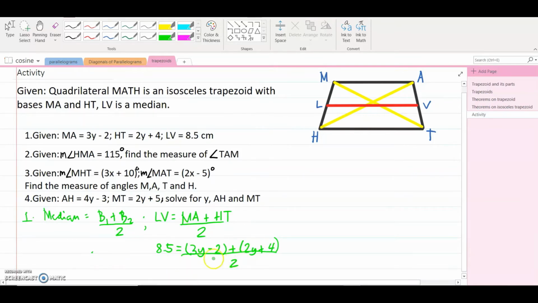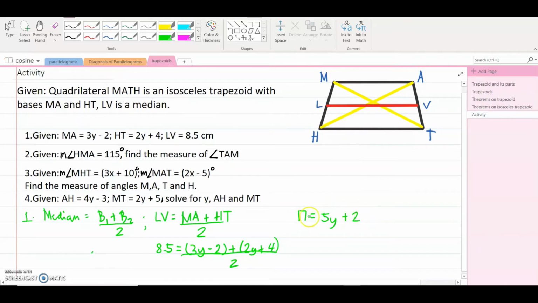So here, since we have the unknown variable y, what we're going to do is to cross multiply 2 to 8.5. So 8.5 times 2 will give us 17 equals, we just combine like terms here, so we have 3y plus 2y, this is 5y, then you have negative 2 plus 4, that is plus 2.